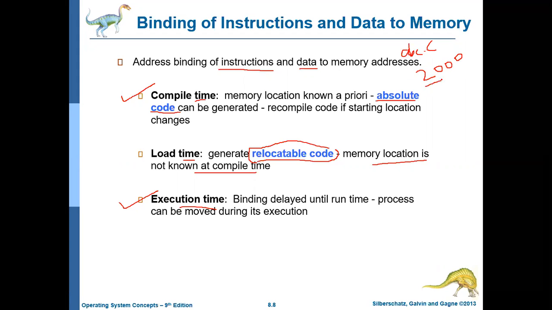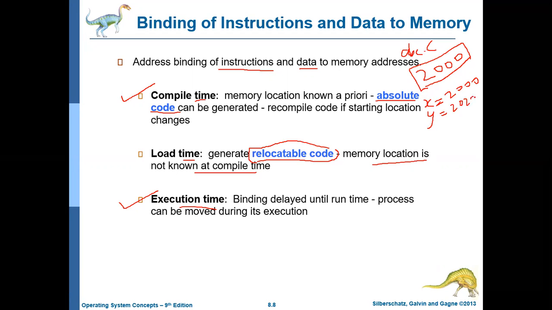Then all addresses it generates will be absolute addresses, because it knows the starting address well ahead, before compilation itself. As we discussed in the previous case, there are variables x, y, and x2. So for x, it will create the address 2000 plus 0, which is 2000, because it knows the starting address. For y, it will create the address 2000 plus 20, which is 2020.